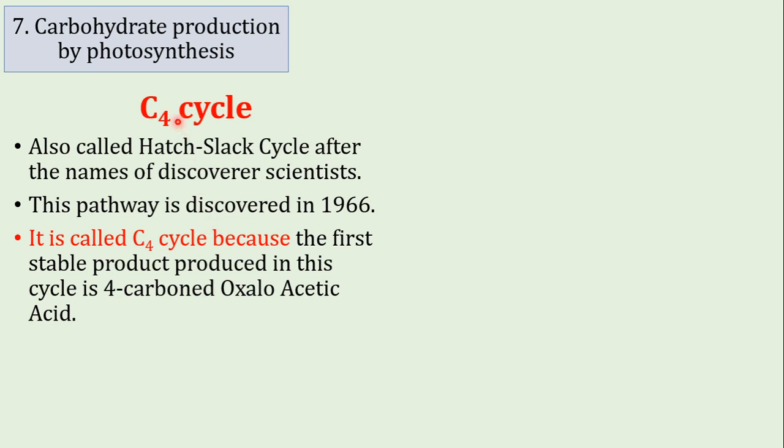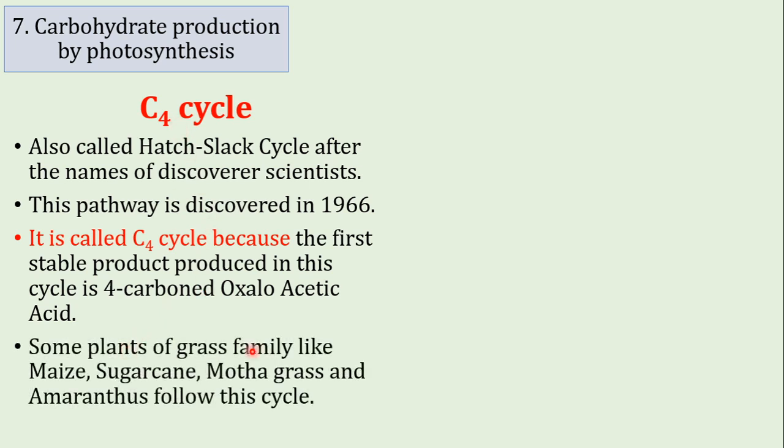Which plants follow the C4 cycle? Some plants of the grass family like maize, sugarcane, mutha grass and amaranthus follow this cyclical order of reactions during the light independent phase to produce glucose. Now we will understand how this C4 cycle works.